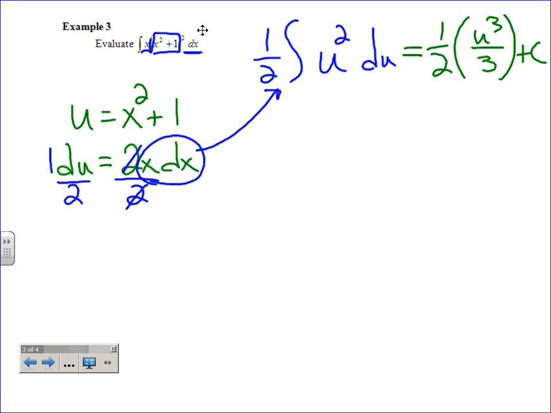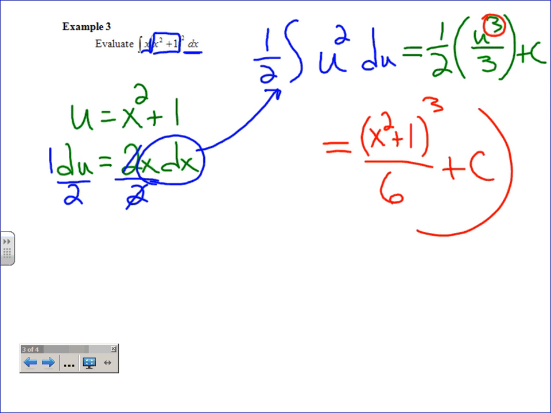Just leave it as a constant. And so the simplified version of this answer is x squared plus 1 in parentheses to what power? Yep, the 3rd. It's right here. I'm replacing u. Over 6 plus a constant.